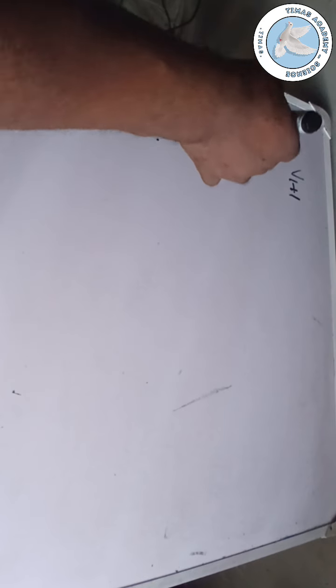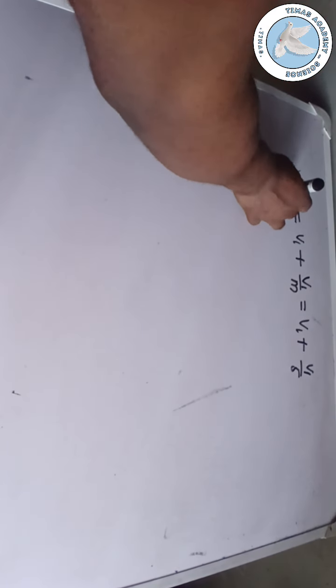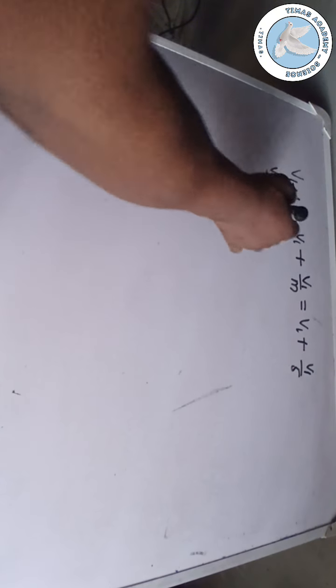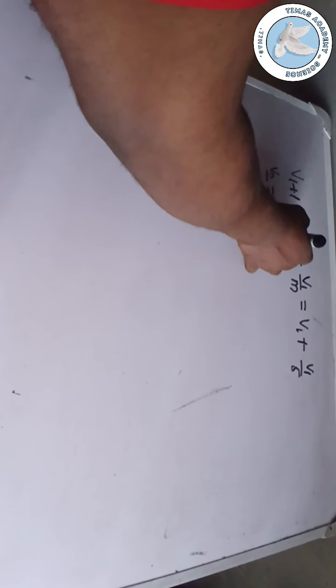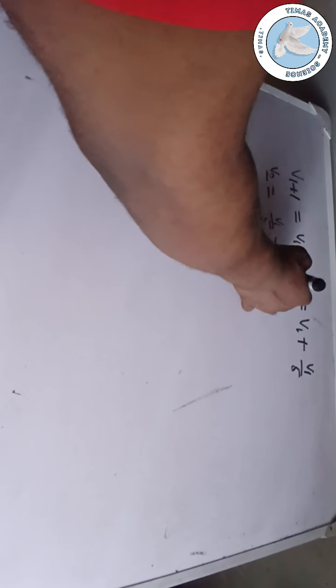So at that point, we have V1 plus V1 divided by 5. This will give us V2, and this is going to be V1 divided by 5 plus V1.